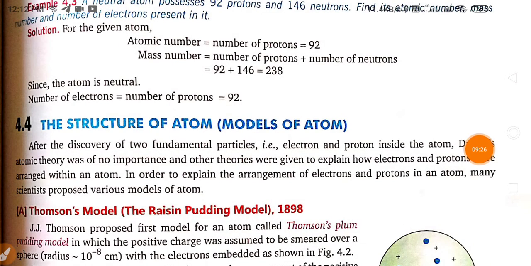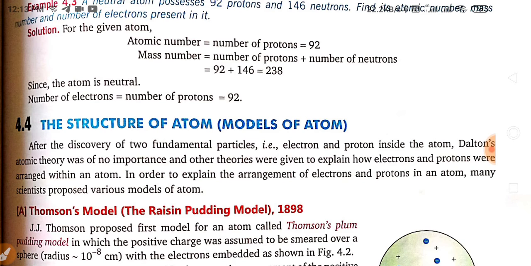Now we read about the structure of atom or different models of atoms which were given in the past, and we know that whenever a model comes, there are chances to improve this model. That's why it is rejected and new models come for the atom.